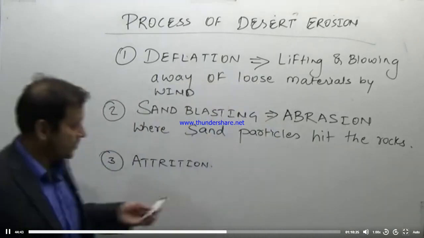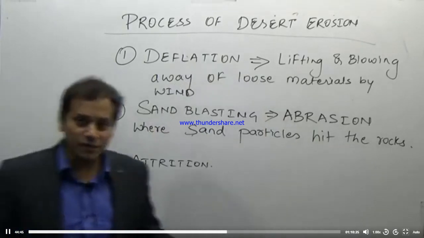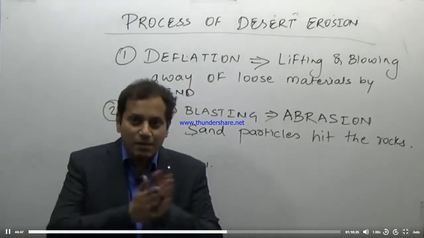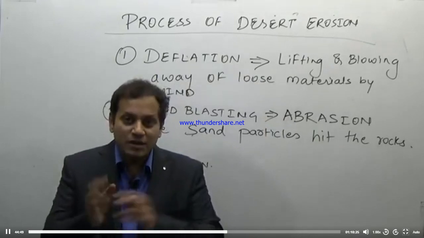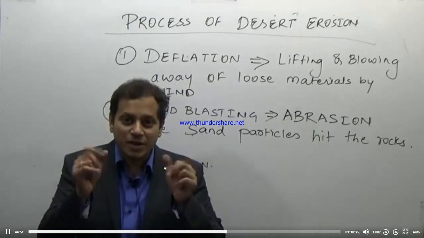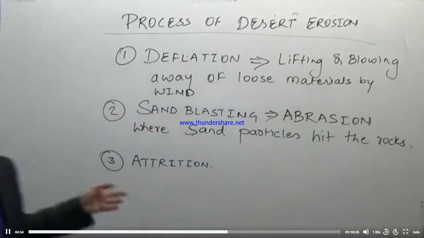The third is attrition. Now what was attrition, if you remember? When the particles rub against each other, because of constant rubbing they get reduced into minor pieces. That is attrition. So what is attrition here?